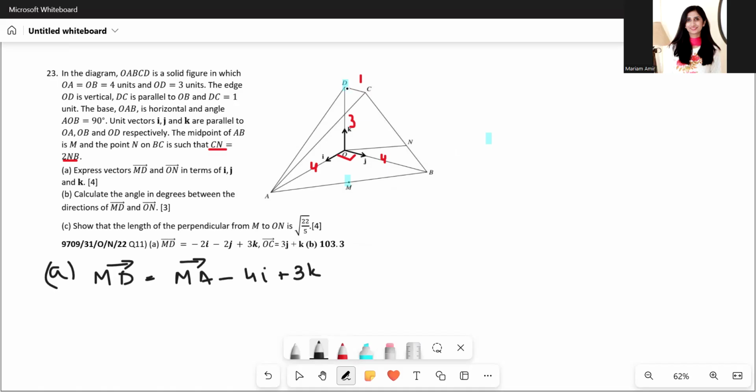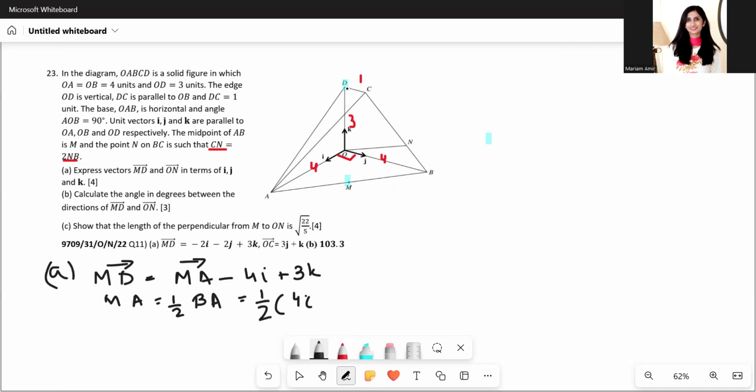Okay. How do we find MA? MA is half of BA, and B to A is minus 4j plus 4i. So BA is, we'll write half here, then BA would be minus 4j plus 4i.